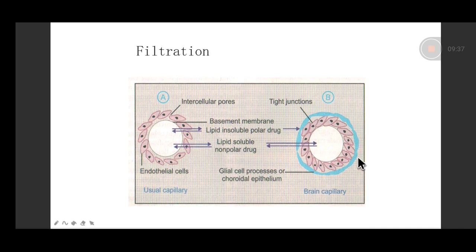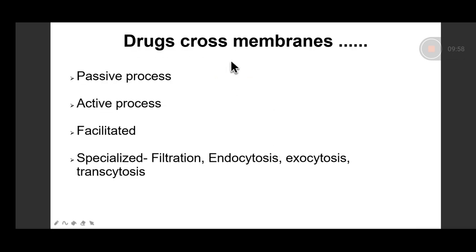In the brain capillary, the endothelial cells are attached very closely and the gaps are minimal or negligible. Tight junctions are there. So only lipid-soluble non-polar compounds can move across the cell membrane. Lipid-insoluble polar drugs are unable to cross the tight junctions in the brain.